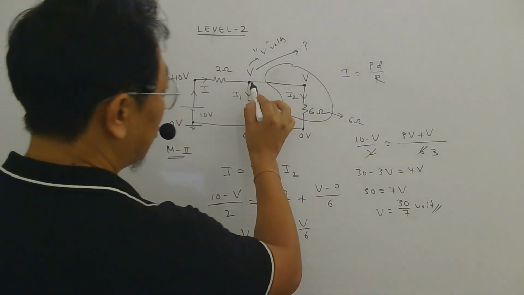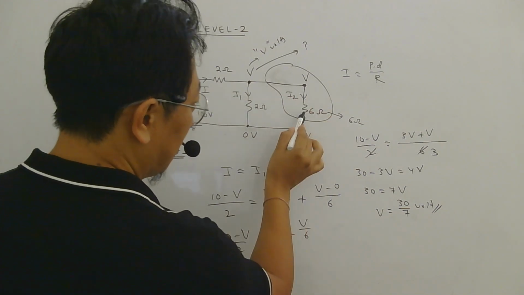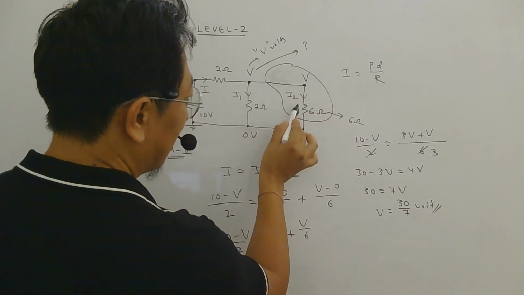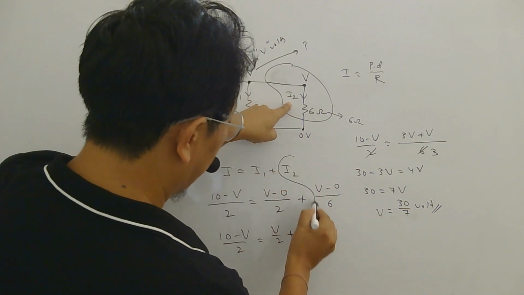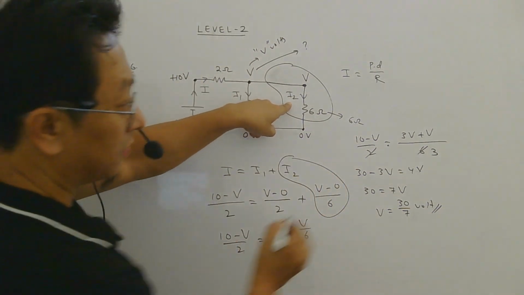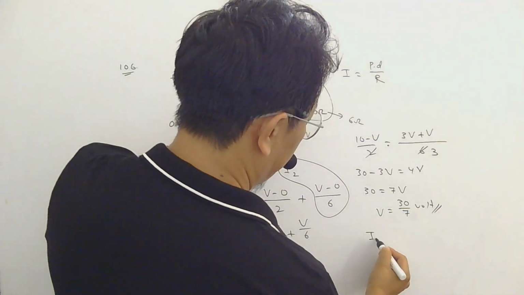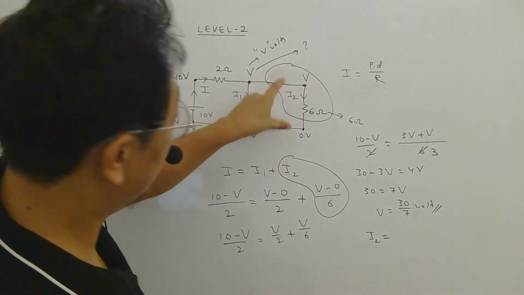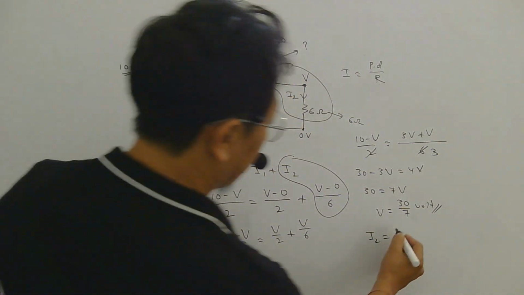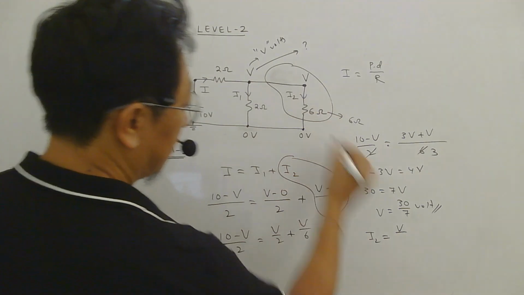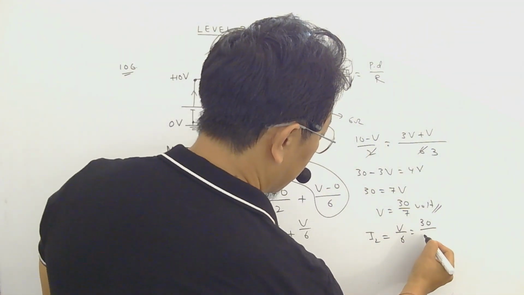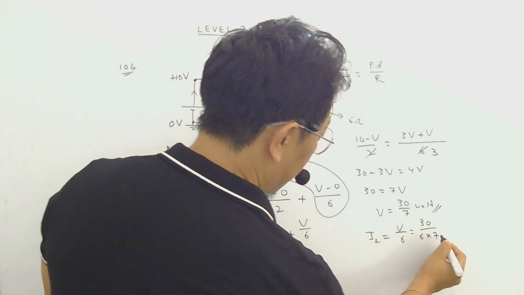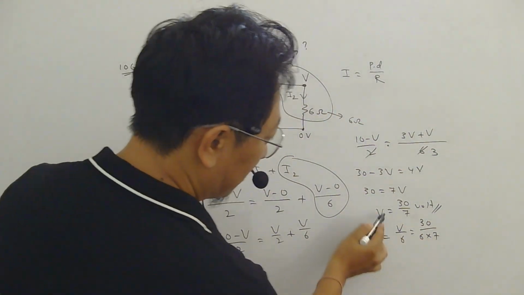Remember, our job was to find the current here, because 3 ohm and 3 ohm was sitting here, right? So this current we want. So now I2 can be found from this relation. So I2 from Ohm's law is the potential difference here, which is V, divided by this resistance 6, which is 30 by 7 divided by 6.